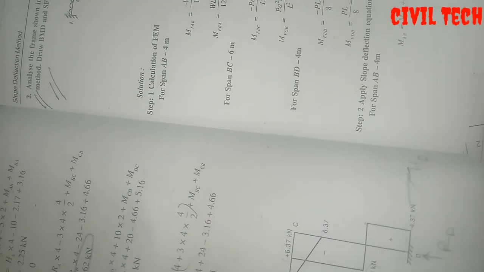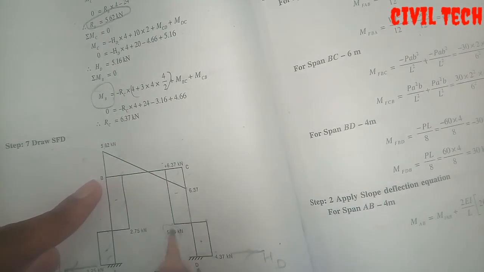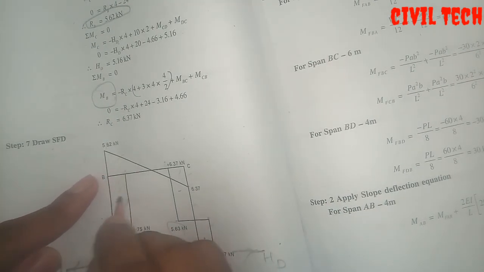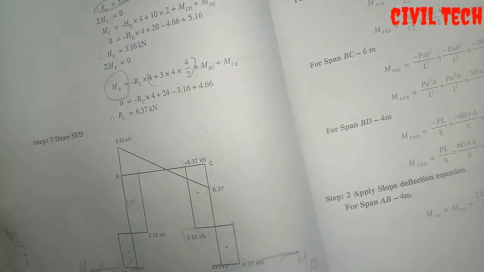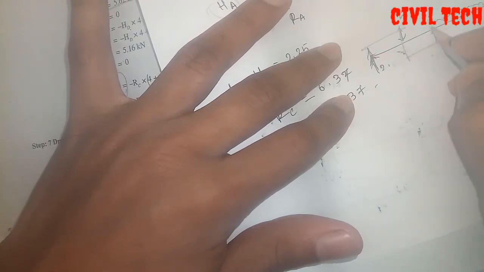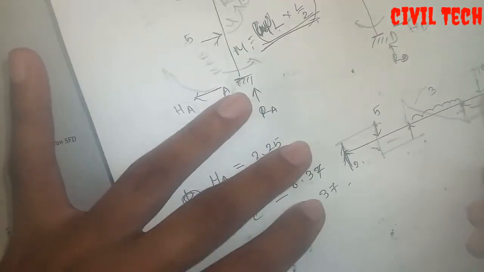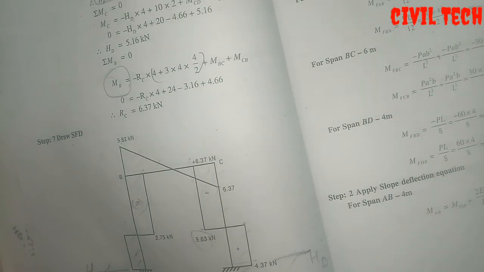This is the SFD, shear force diagram. It is drawn like that and is finished. The downward portion means negative, this downward portion means negative. That's all.